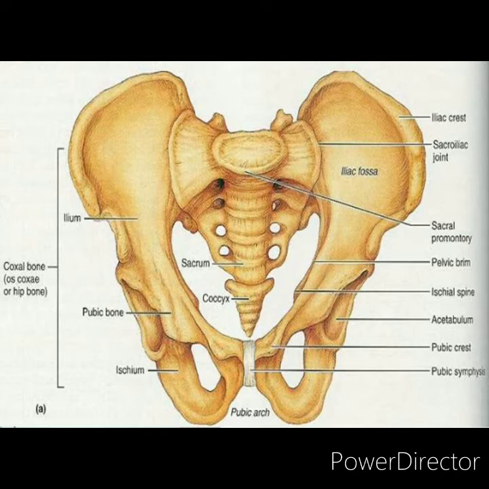Okay, then the lower part of the acetabulum and the foramina, that part will be known as the ischium. Okay, then near to the ischium and ilium, one white color joint is there, that will be known as the pubic symphysis.